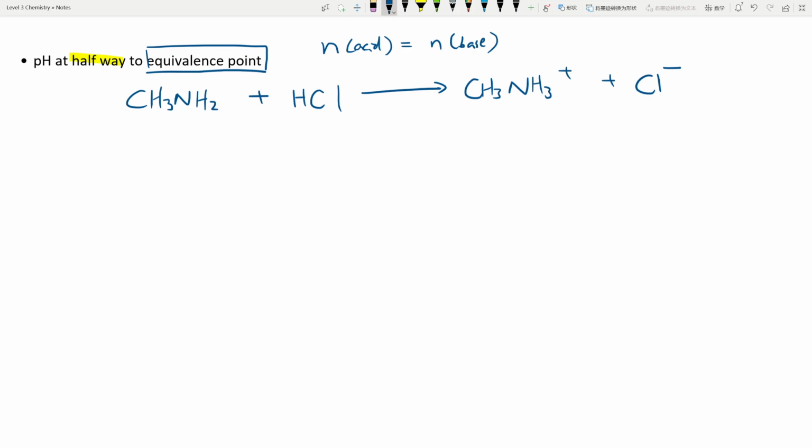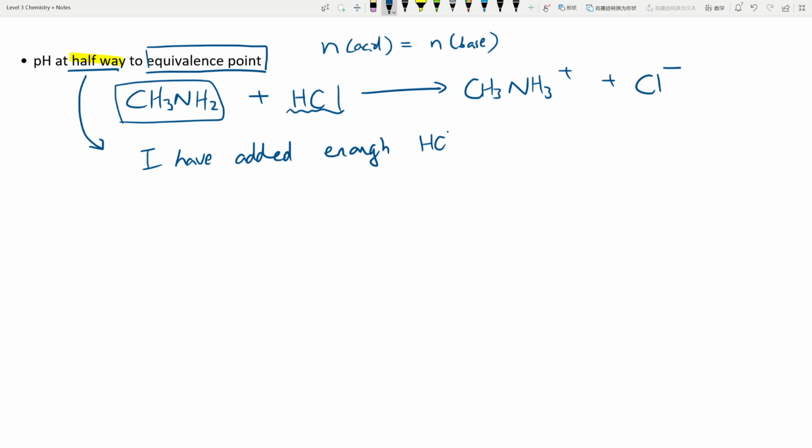Okay, so what's going to happen here is that I have lots of this at the beginning and I'm dripping in the HCl as we speak. So at halfway to equivalence point in this particular context, in this particular experiment, it means I have added enough HCl and neutralized half of the CH3NH2.